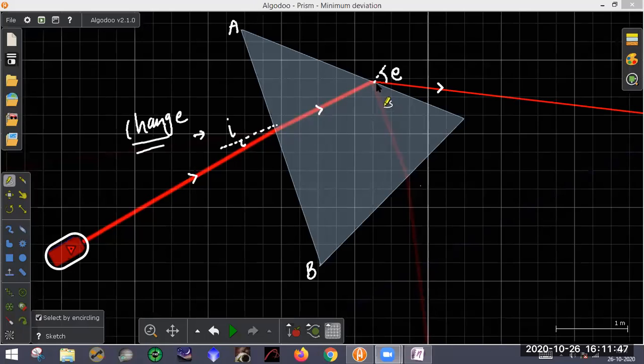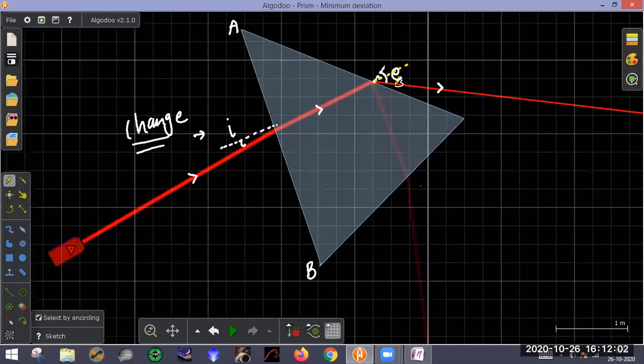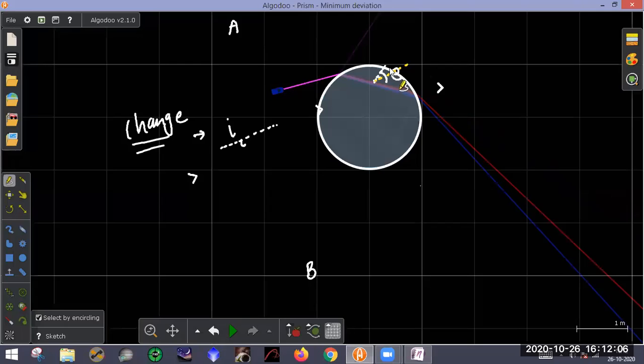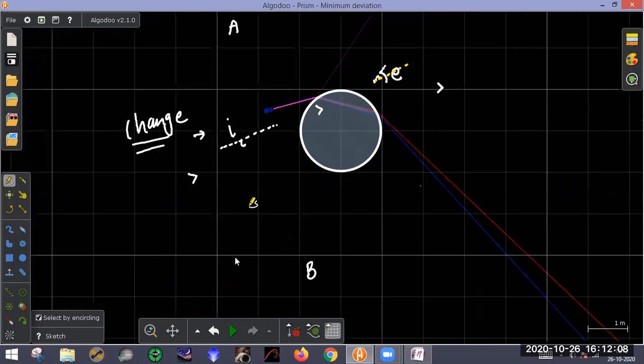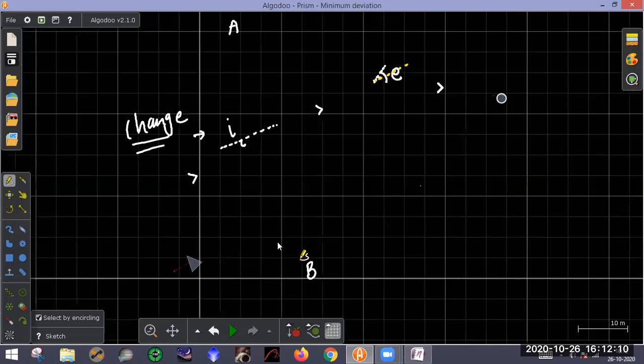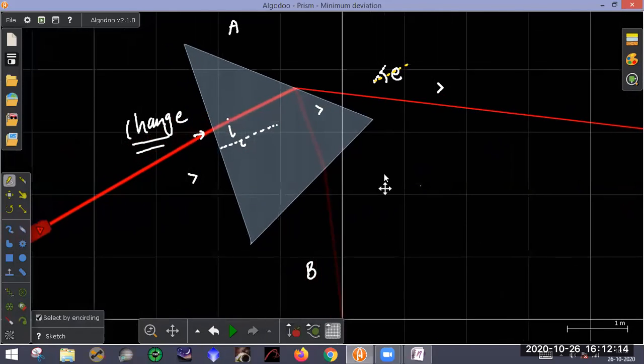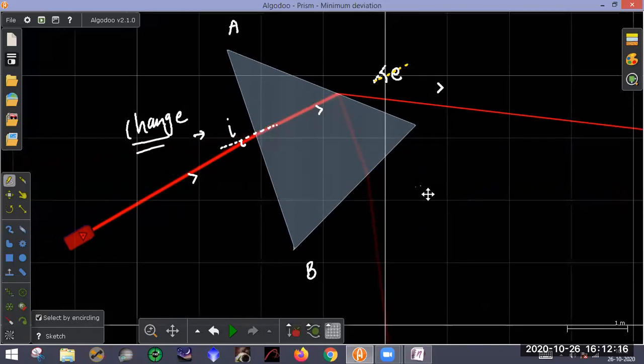Right now, you could actually say that the deviation is as follows. This is the dotted line.